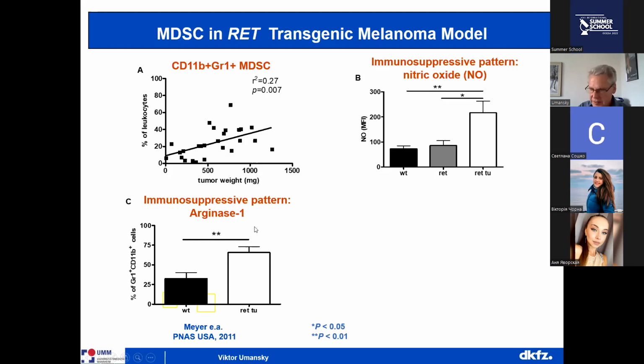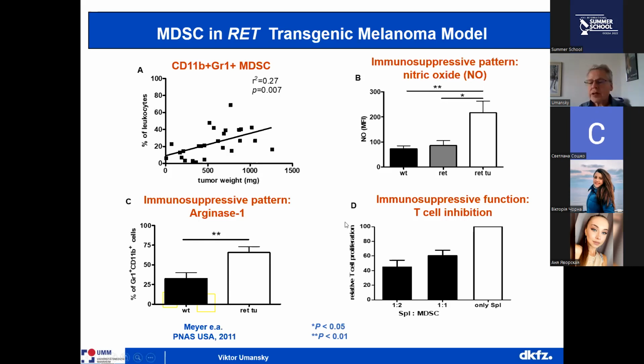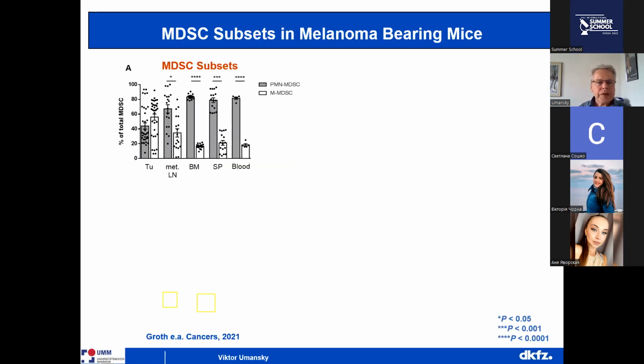So this is the second marker to call these cells MDSCs, but the third, which is the most important, is to show that they have immunosuppressive function. And you see here, as you saw before, we stimulated T cells and then co-incubated them with MDSC. And we found that the proliferation after this co-culture is significantly reduced.